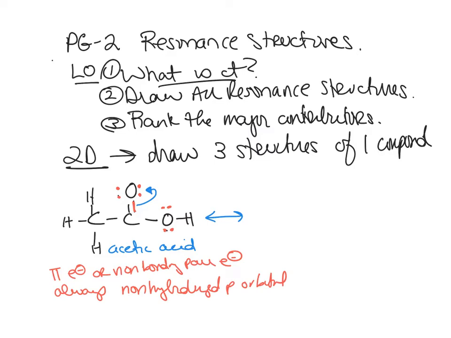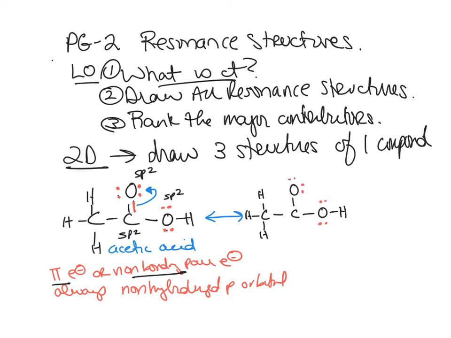And so we can move the electrons up on the oxygen, because this oxygen is an sp2, this carbon is an sp2, and this oxygen is an sp2. These electrons, the pi electrons or the non-bonding pair electrons, can move in these unhybridized p orbitals. I think of them like an electrical wire.